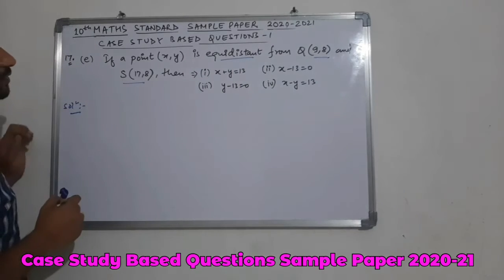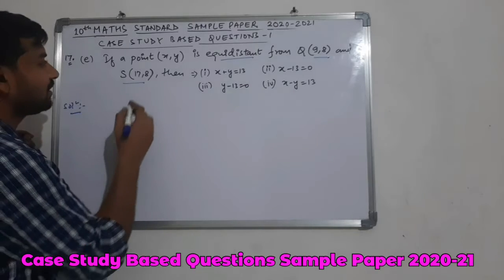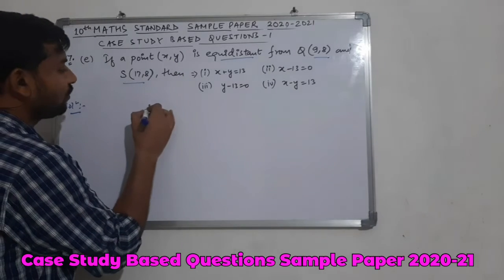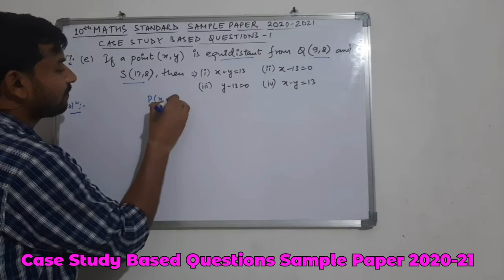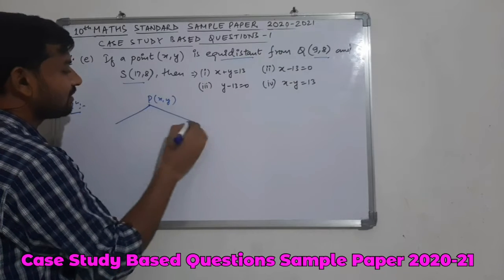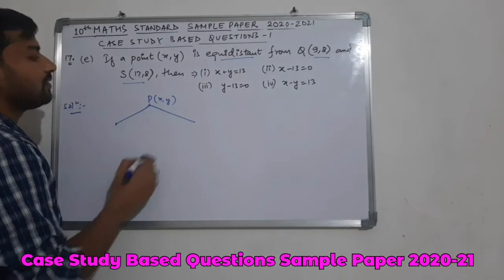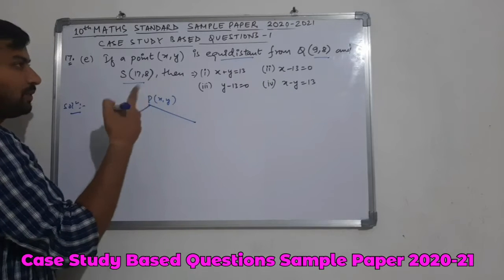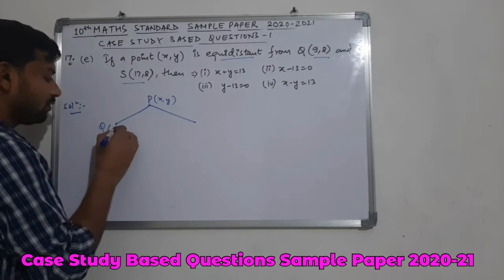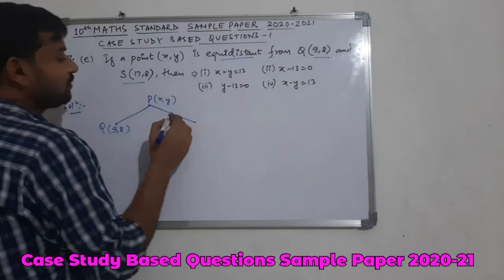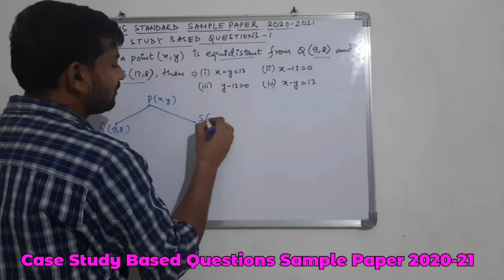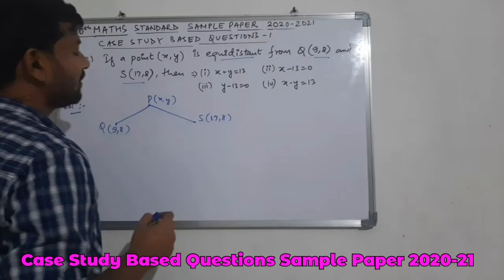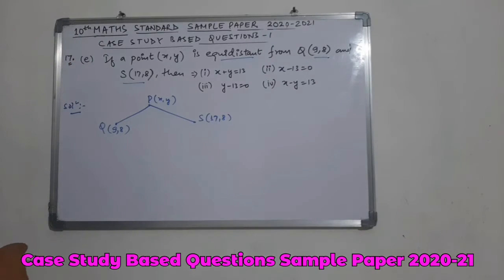Here we have to use one piece of information: suppose this point is P and its coordinates are x, y, and it is given that the distance of point P from Q, that is 9, 8, and the distance of point P from S, that is 17, 8, is equal. We have to find the relation between x and y.